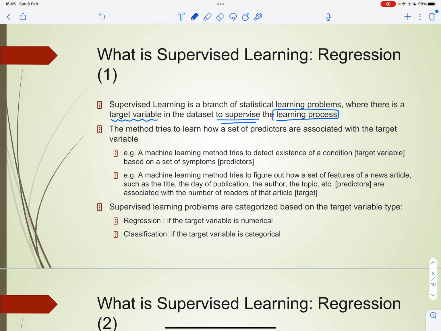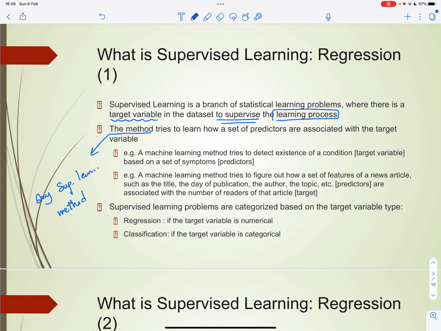In other words, any supervised learning method that we use tries to learn how a set of predictors are associated with the target variable. This is about supervised learning in general.